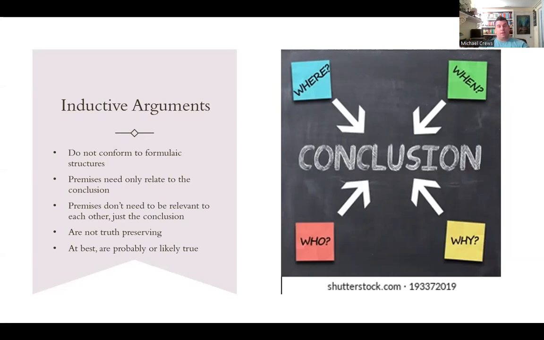So it is different because in deductive reasoning, we're taking facts that we know interrelate to make a conclusion. And in an inductive argument, we're just saying, well, this thing happened and this thing happened and this thing happened, so we're probably going to see this thing happen.